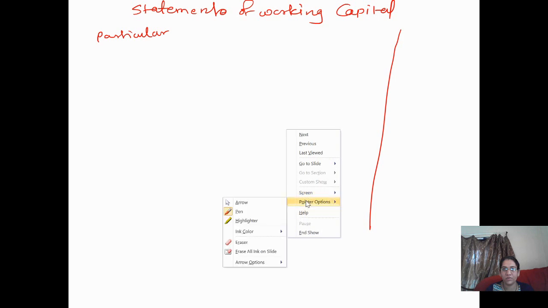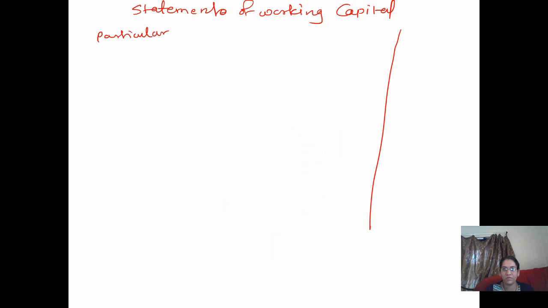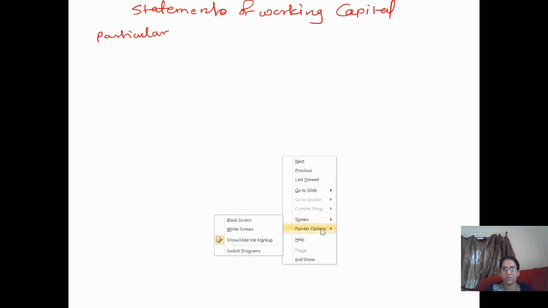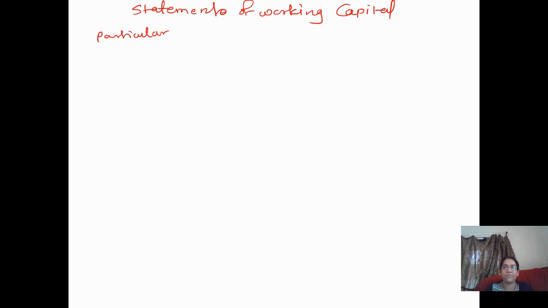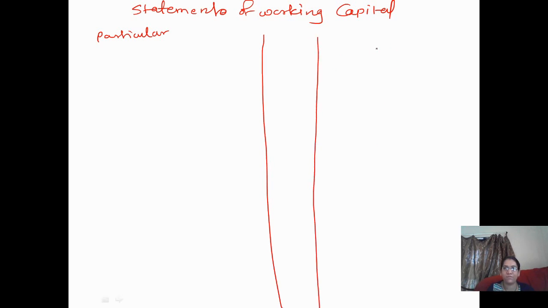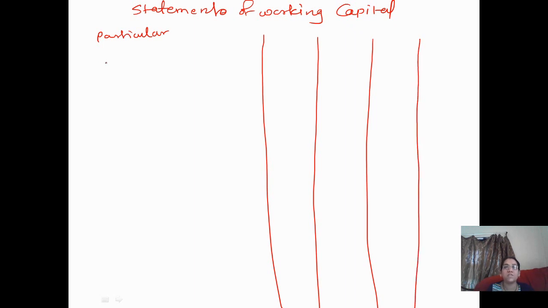Format of working capital statement: there will be 4 columns. First is particulars.